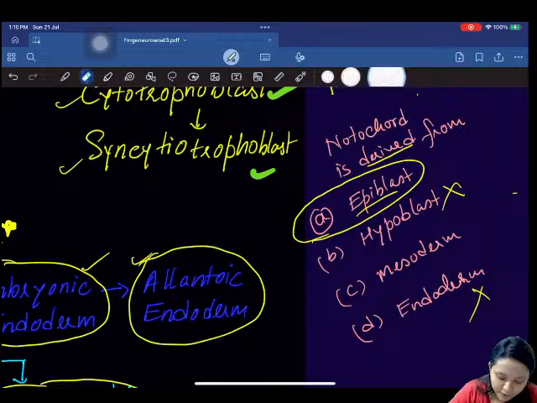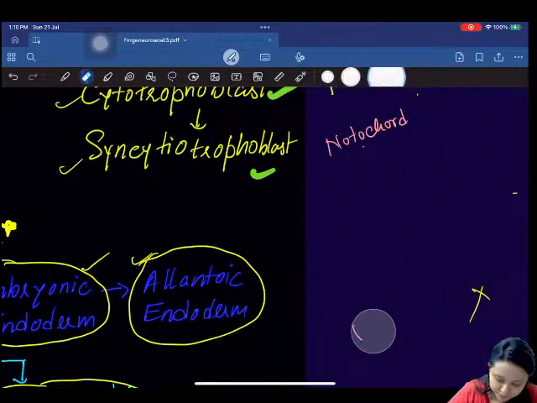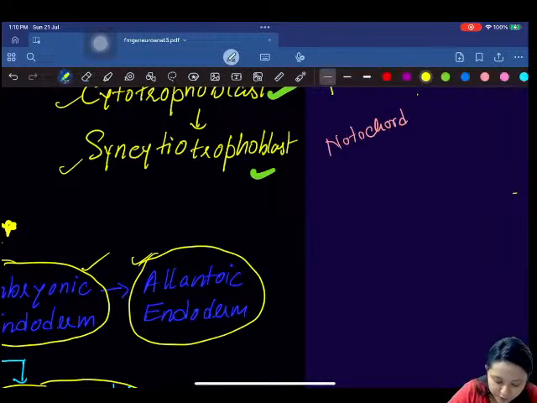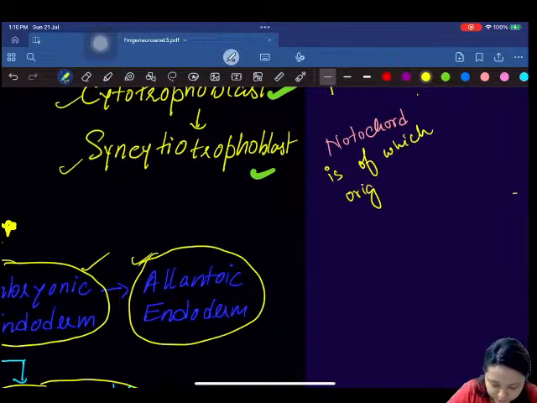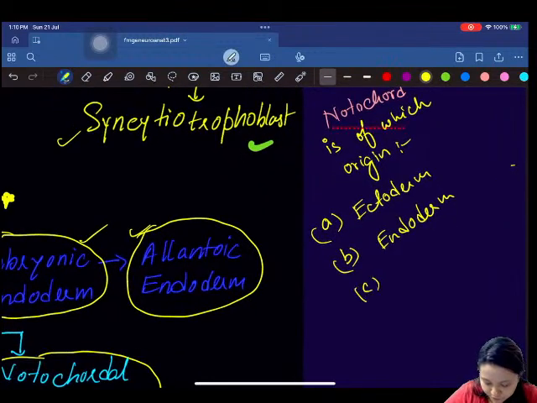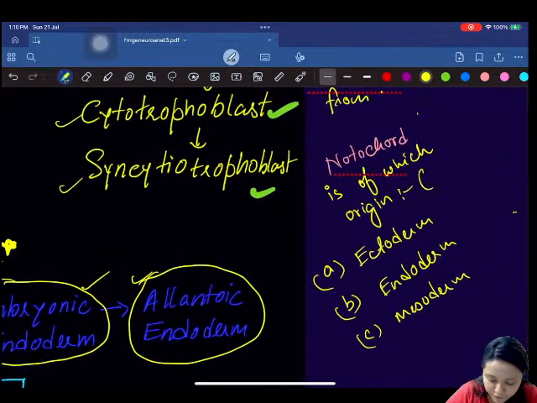Now if they ask you, notochord is of which origin, or which germ layer it is derived from, and they give you ectoderm, endoderm, and mesoderm.